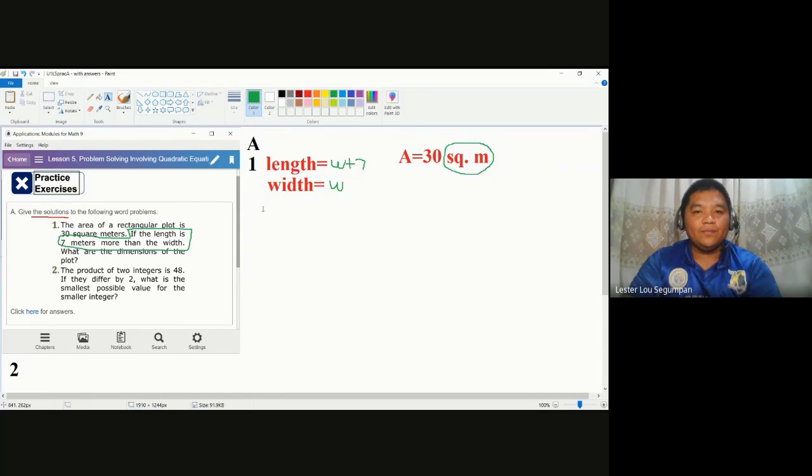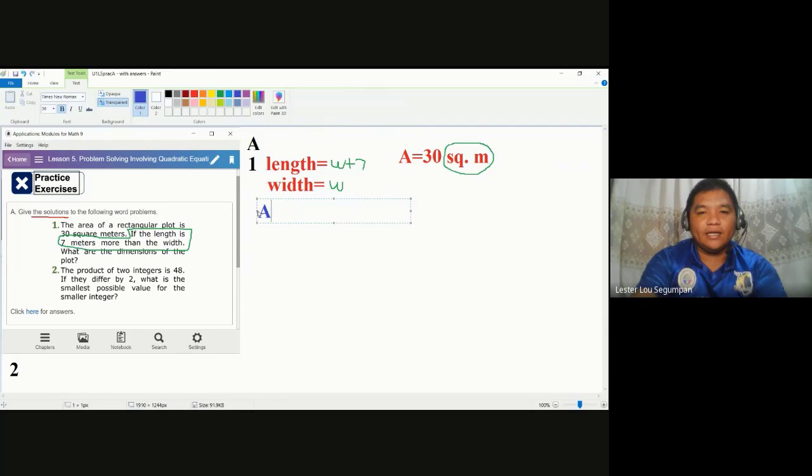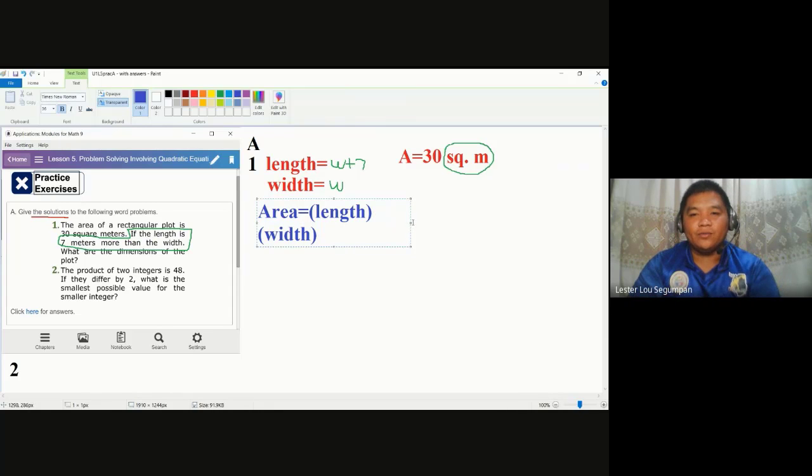We all know that the area of a rectangular plot is the product of the length and the width. Product, meaning we are going to multiply them.